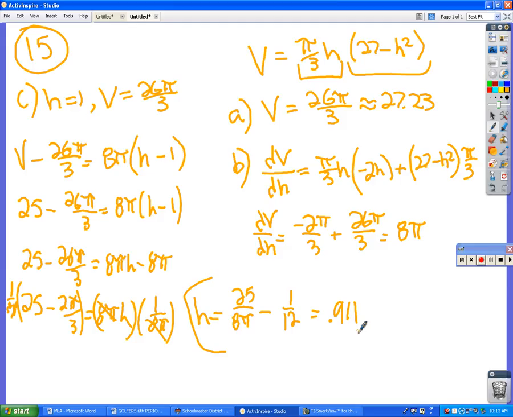So I'm going to give a little brief chat about what we're doing here with this tangent line approximation, because I don't know that we've talked about this before. So what's happening is you had a graph of the volume of the thing. I don't know what that graph looks like, okay? And we took the value h equals 1 and found a tangent line to that, right?